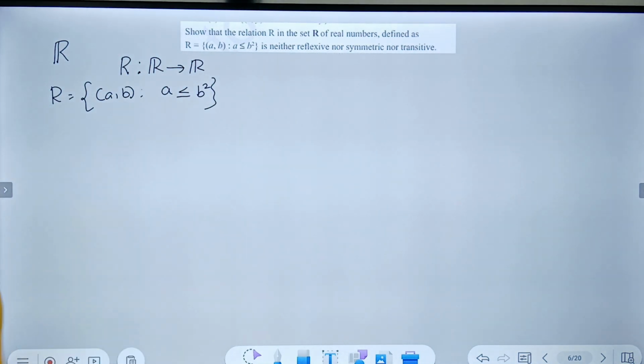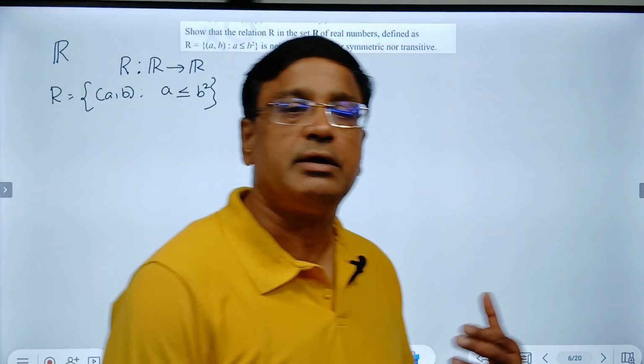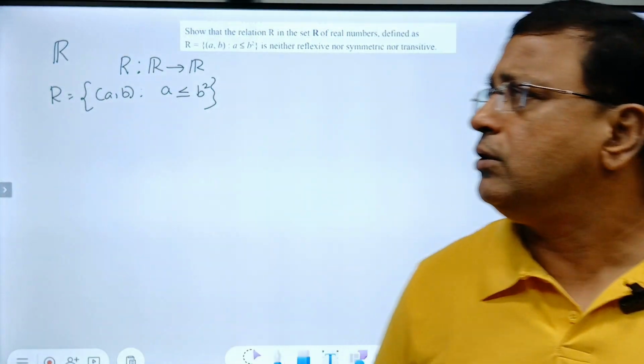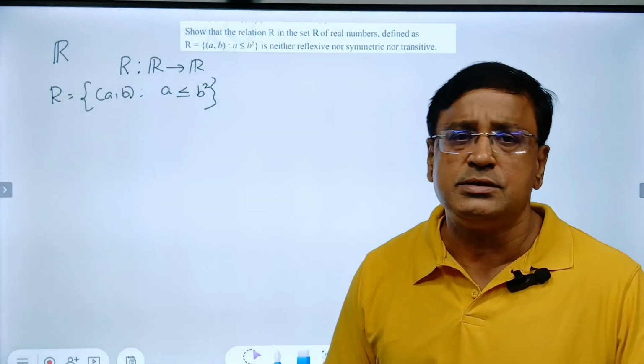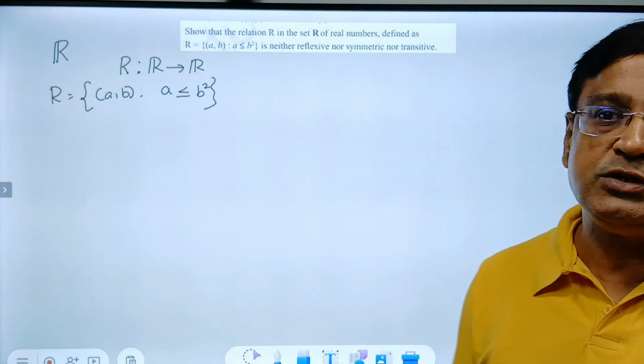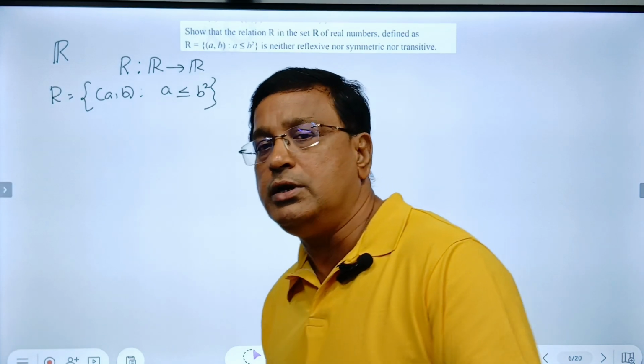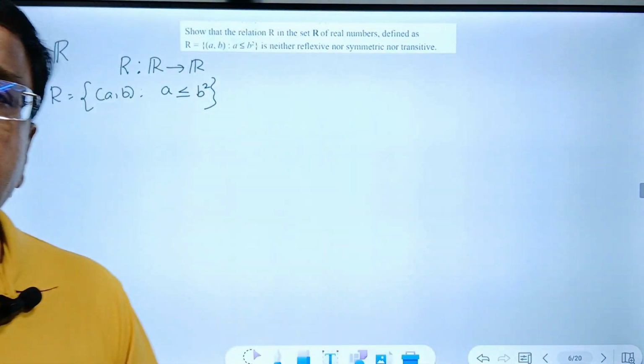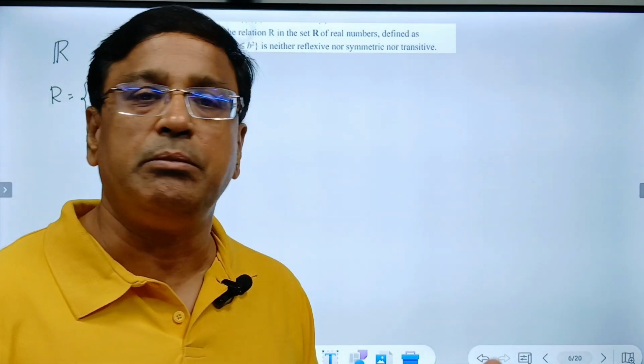And he wants me to verify whether it is reflexive, symmetric and transitive. In this problem, I have already asked you to show whether it's reflexive, symmetric or transitive. But generally they'll say verify. If they say verify, then there's always an element of doubt. It can be true, it need not be true. But here you know definitely it can't be reflexive, it can't be symmetric, it can't be transitive.